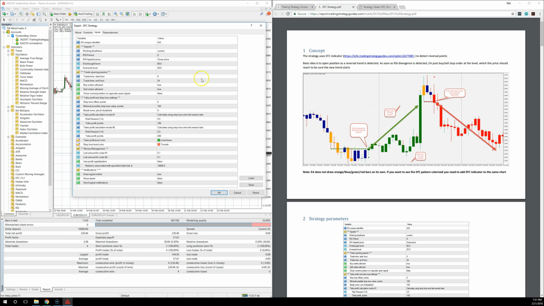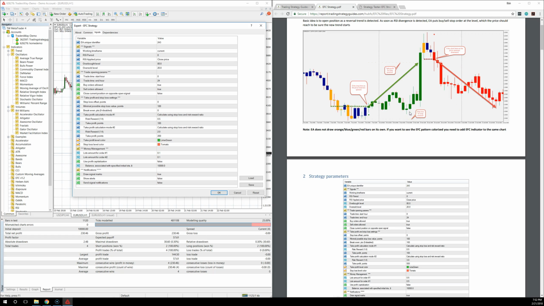So with that being said, let's start on the very first thing, which is the concept of it. The concept is this links over to the EFC indicator, and if you ever need to visualize, look no more than grabbing that EFC indicator if you haven't already. I know most of you already do.